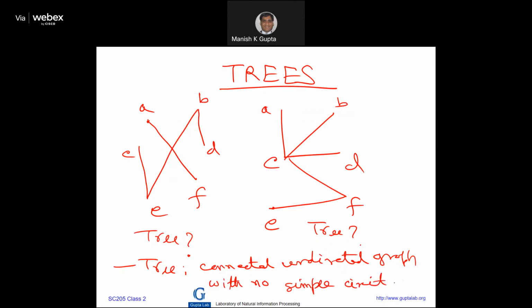So, is this a tree? No, because it is not connected; it's disconnected. What about this? Yes, this is a tree. This is not a tree.